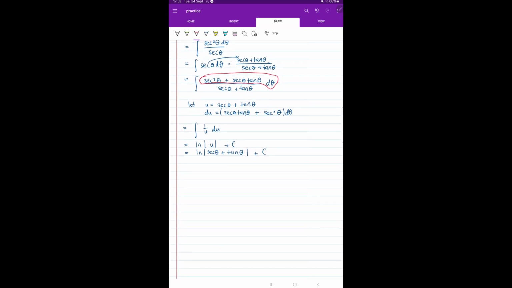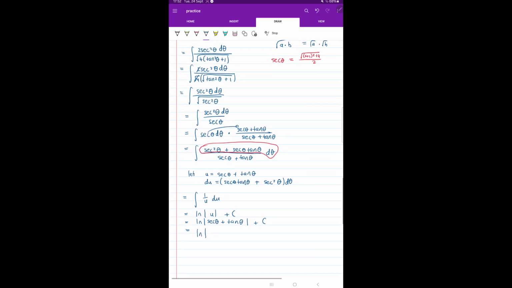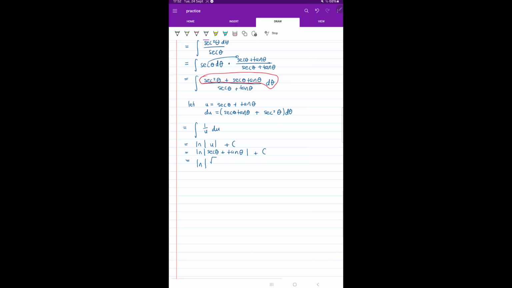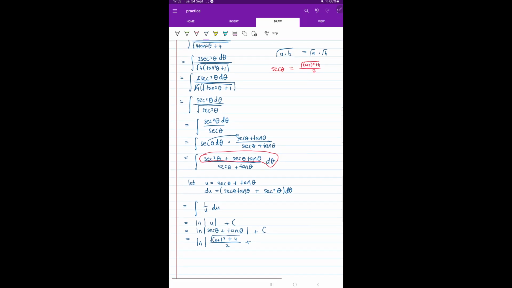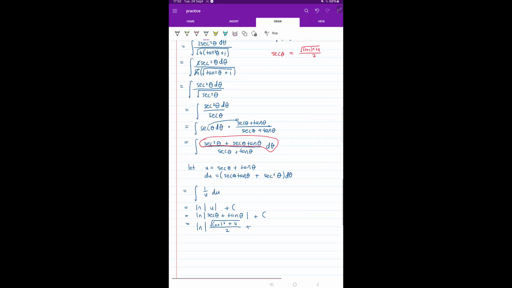So here we have ln of that thing. Tangent theta is what? x plus 1 over 2.